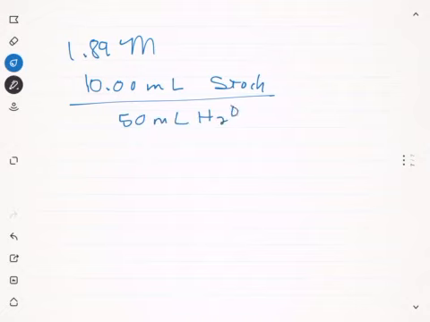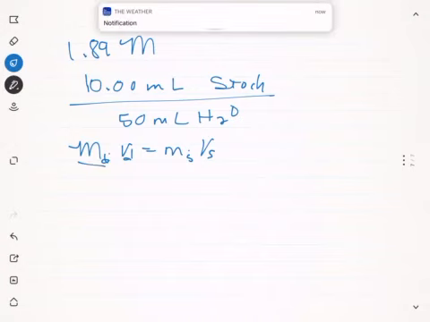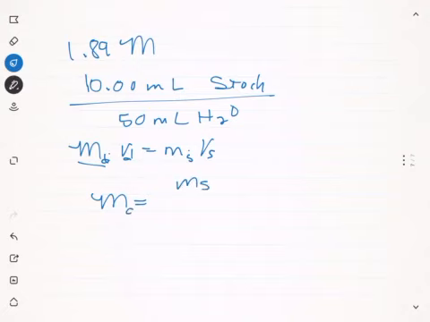So this will be like my molarity times volume equals molarity times volume, and that's stock, and my diluted. I need to know the molarity of my stock. So the molarity of the dilution equals the molarity of the stock times the volume of the stock divided by the volume of the dilution.